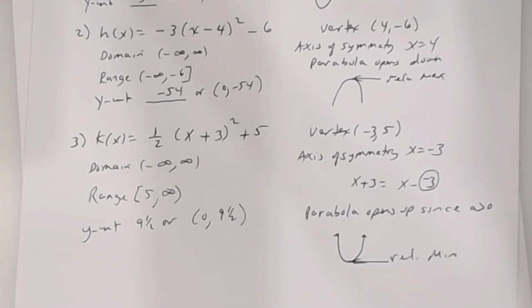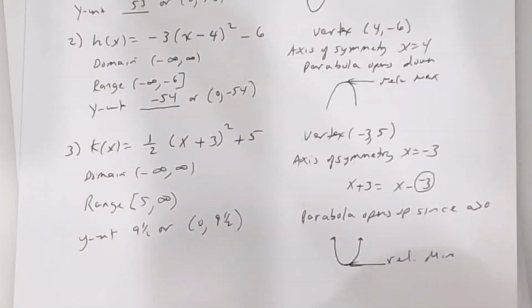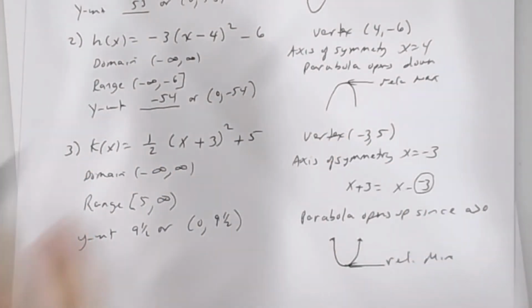So all we've done at this point was deal with quadratic functions written in what form? Vertex form or standard form. Now before we go on, let's do one more problem with this idea, but now we're going to graph.